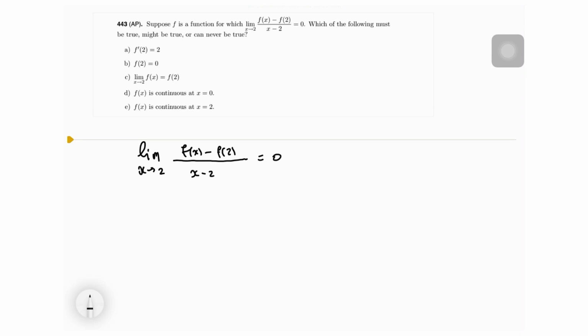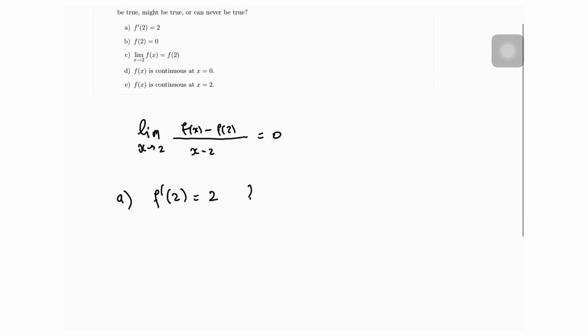And we have from a to e to decide which of them might be true, must be true, or can never be true. The first thing, a says f prime of 2 equals 2. So we need to see whether this can happen, must happen.